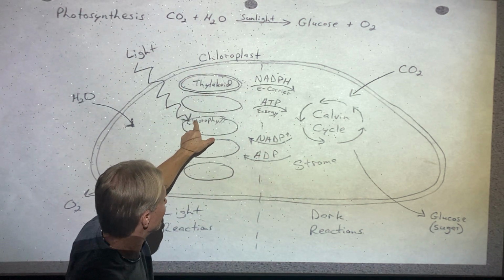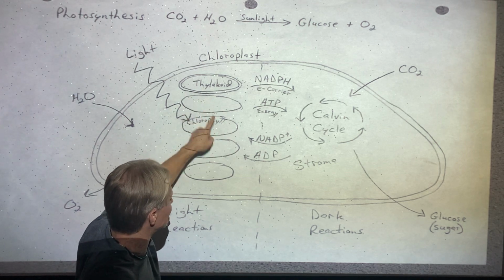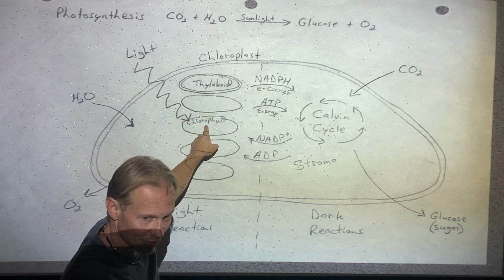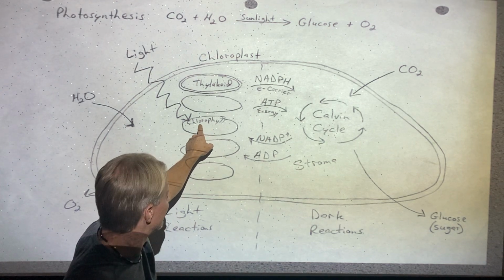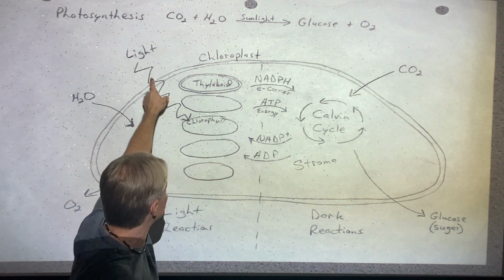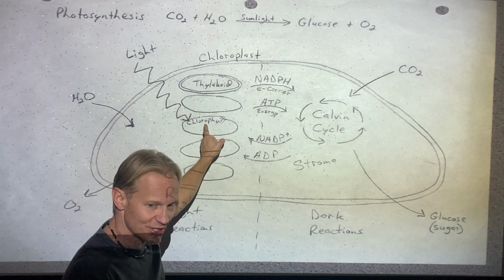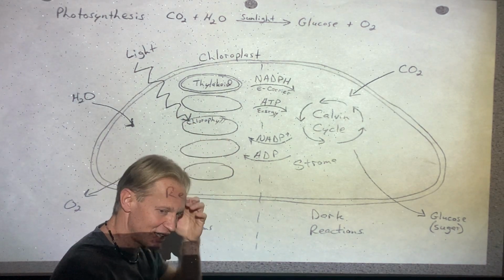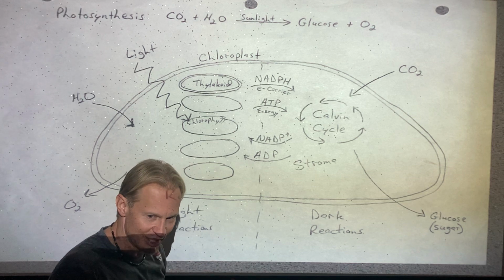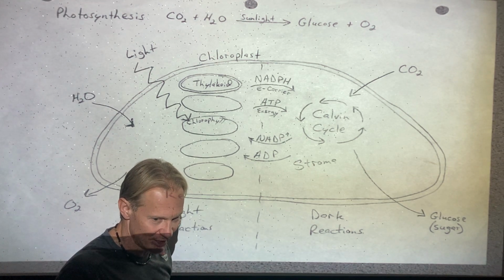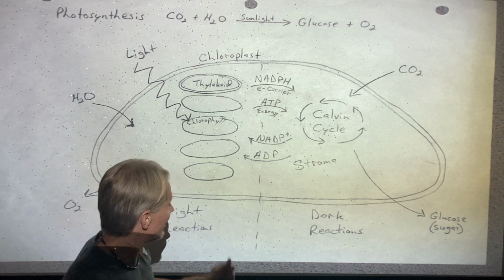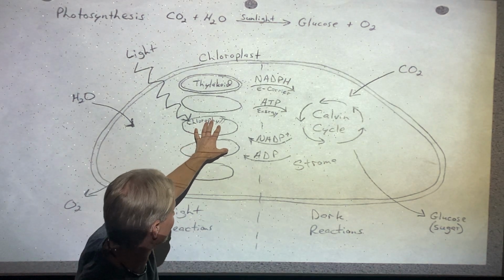The stuff it's going to hit inside the thylakoid discs is called chlorophyll, and that's the color, or sometimes we say the pigment. It's the coloring, and that's the stuff that actually absorbs the energy and starts to excite electrons. This whole process is kind of based on electricity, the movement of electrons, just like in the wires in your house. So we're going to store up energy using electrons to move it around.